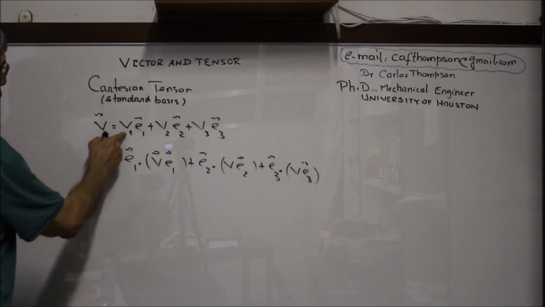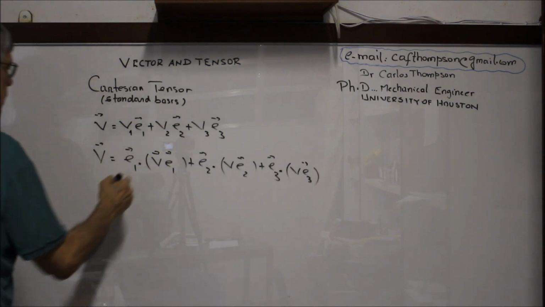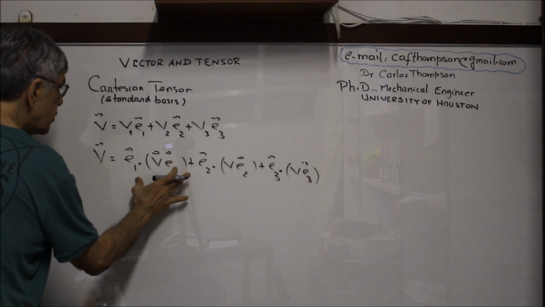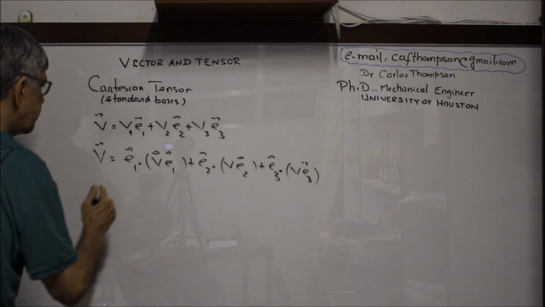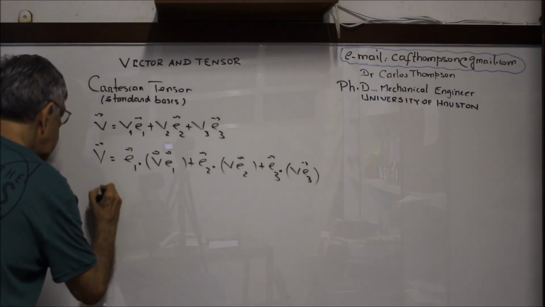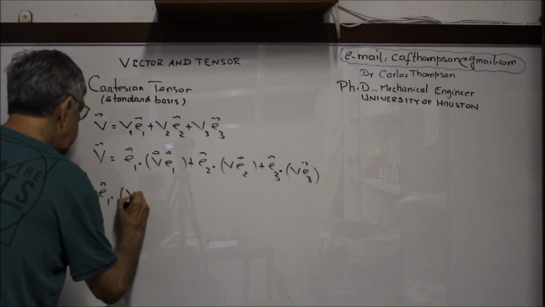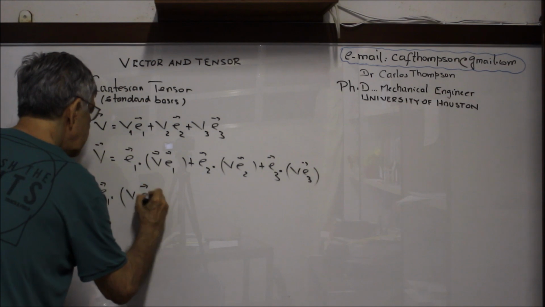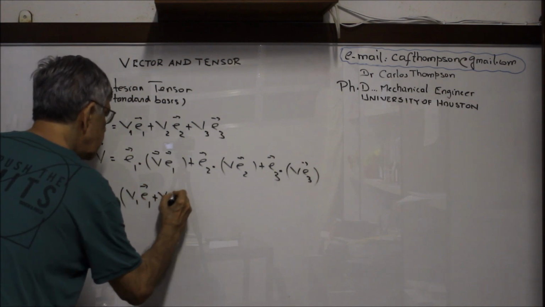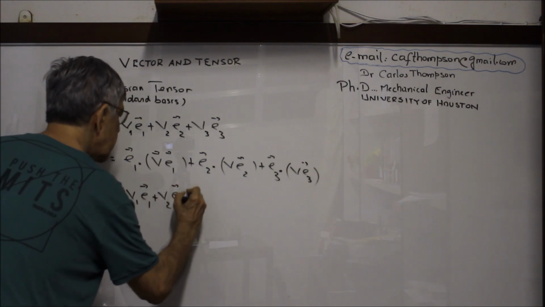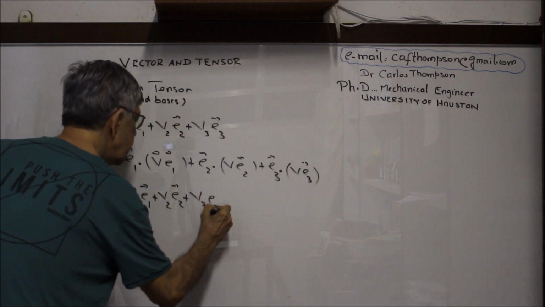Now, let's substitute V over here. I'll just work with this term here. Then I'll write down V. Let's put E1 dot, now V is V1 E1 plus V2 E2 plus V3 E3.